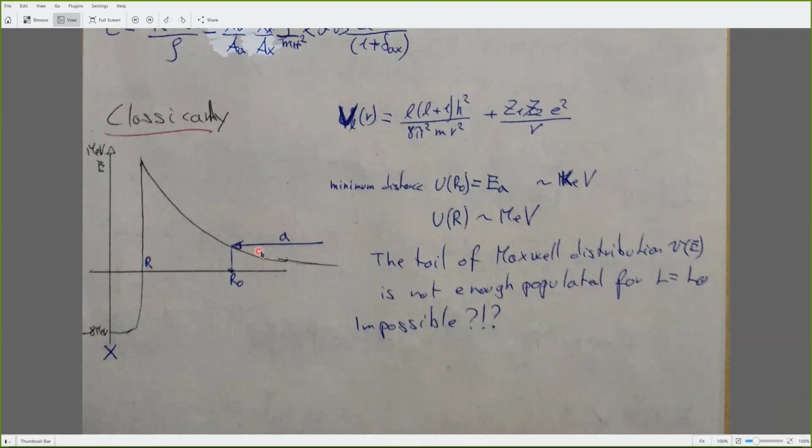The problem is that when you are considering the energy, the minimal distance at which a projectile particle can arrive near the center is defined by the potential at that position, which has to be equal to the kinetic energy of the particle infinitely far away, where this potential is almost zero.